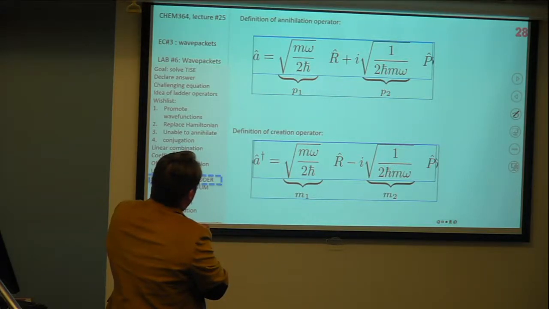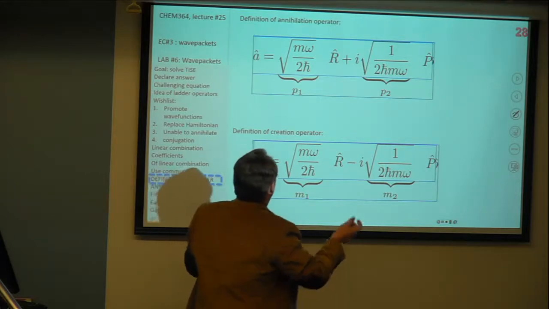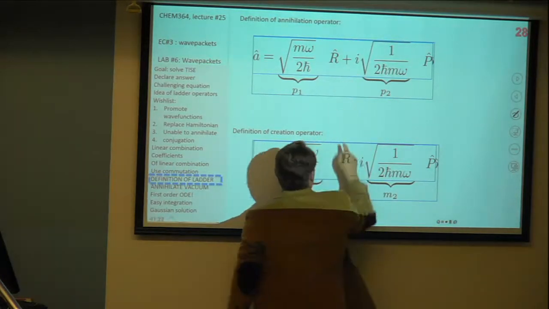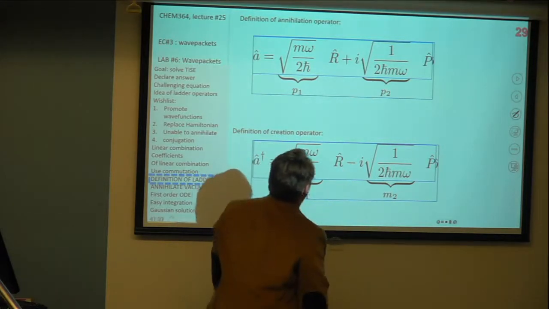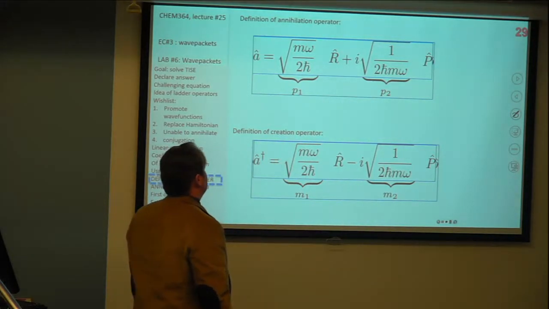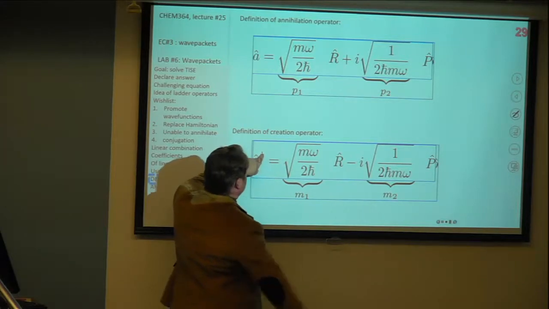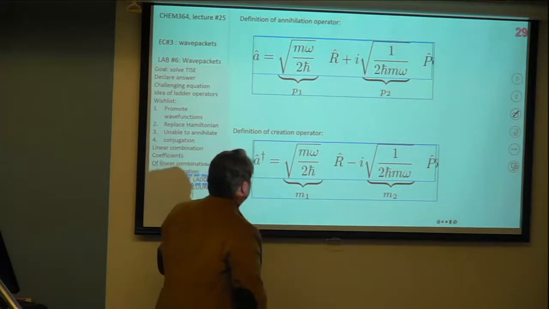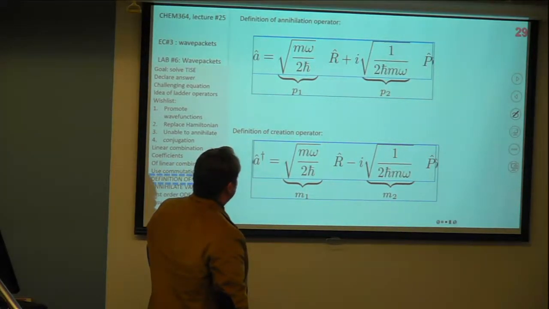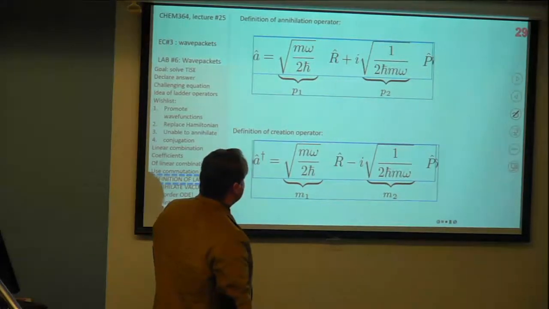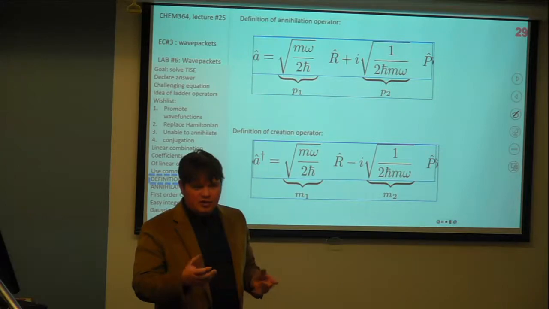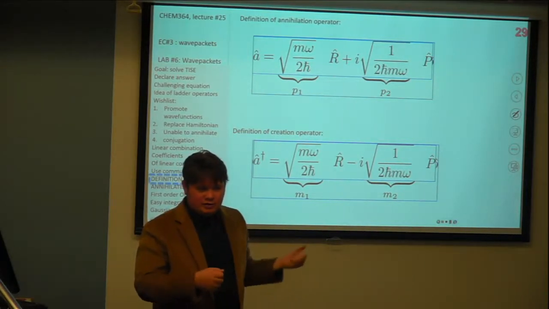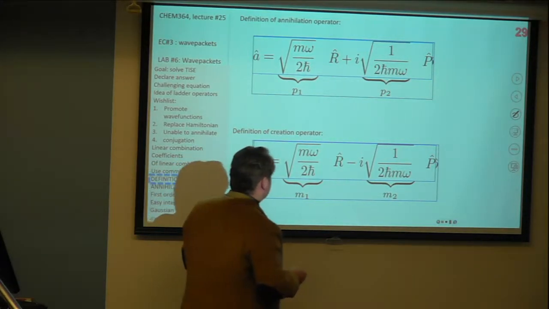They both, interesting that for lowering it is plus, for raising it is minus, so if you see dagger here, it will be minus here. Both coefficients do have a square root. The square root originates from matching between terms in the Hamiltonian and these special coefficients.